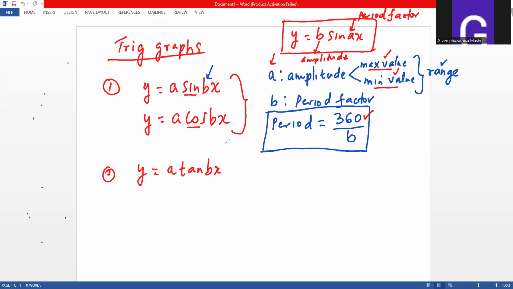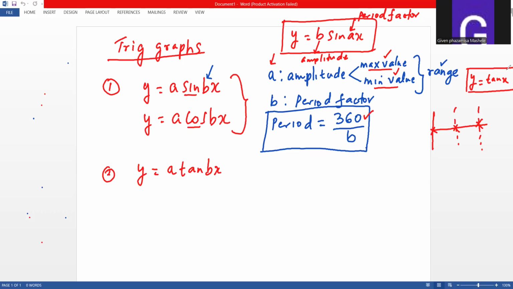Because the function for tan has asymptotes, the values of x where the function does not exist. It's where the function is not going to touch. So for example, if we have y equals tan x, this one has asymptotes at 90 degrees and 270. We'll talk about this.